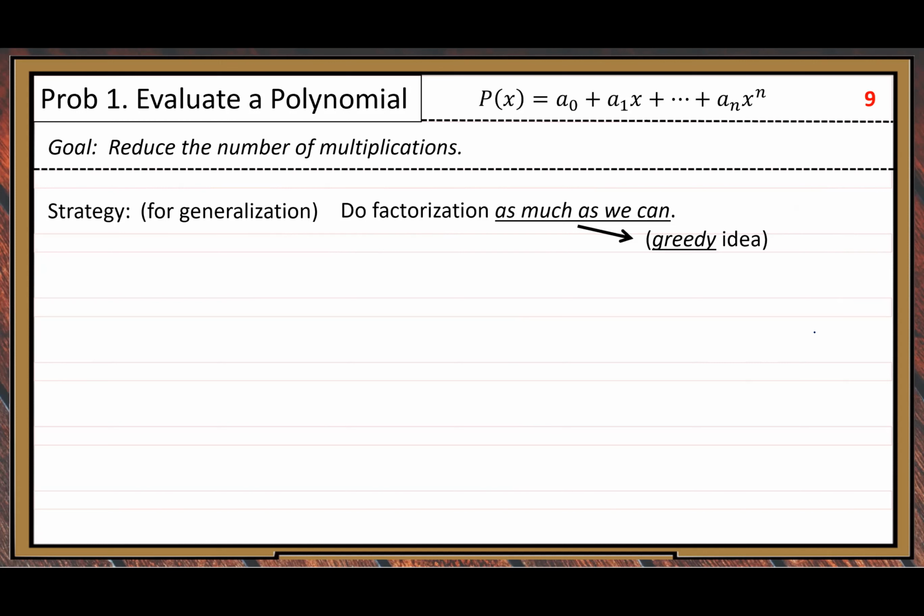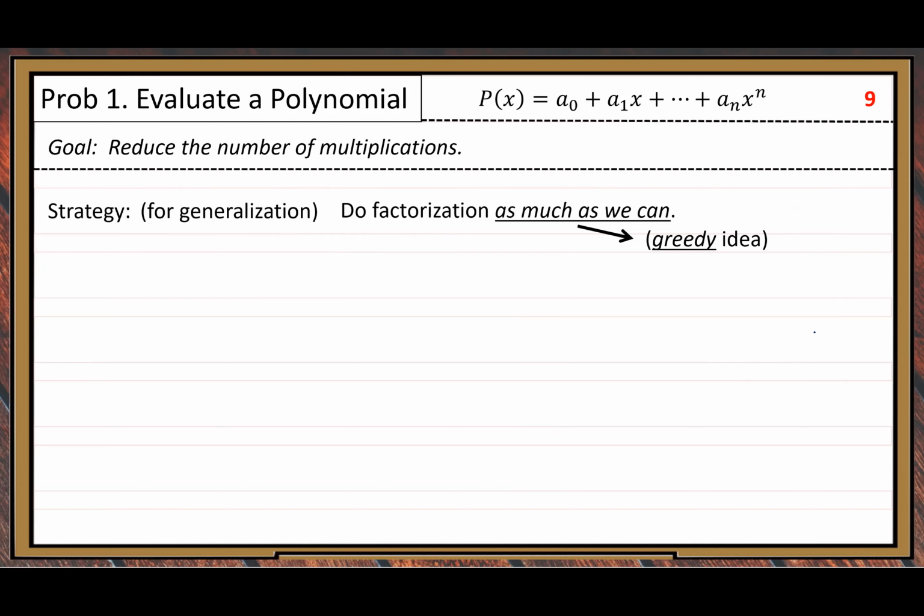Let us bring some real world experience here. When people try to grab as much as they can on money, we may say greedy, right? But here we borrow that meaning a little bit.